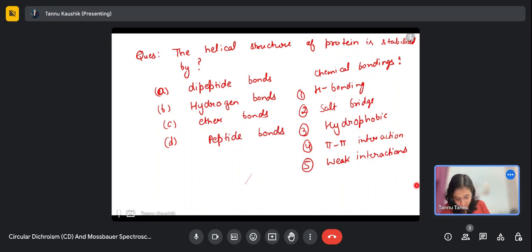So in helical structure, which is like this, we have proteins.